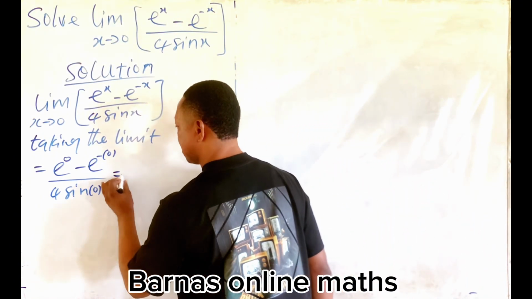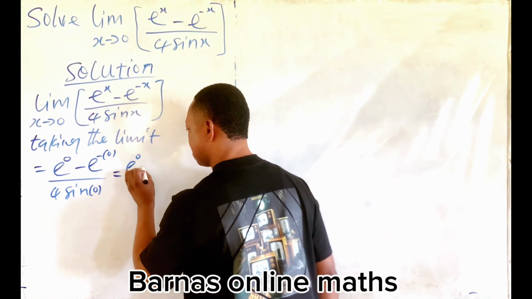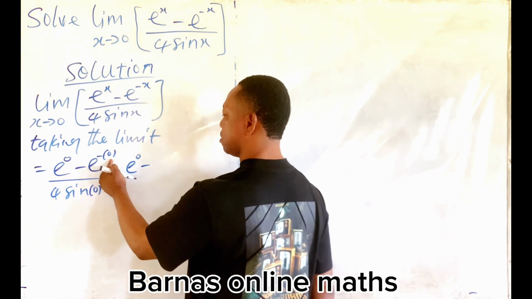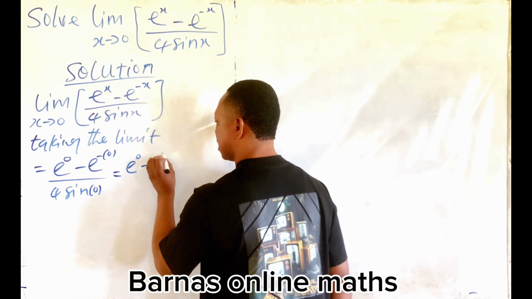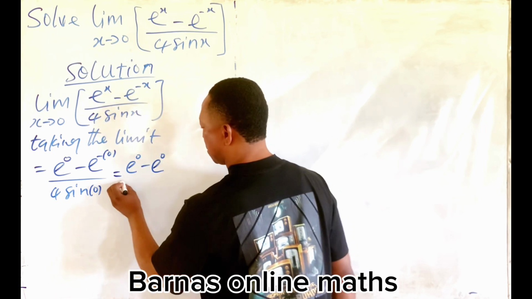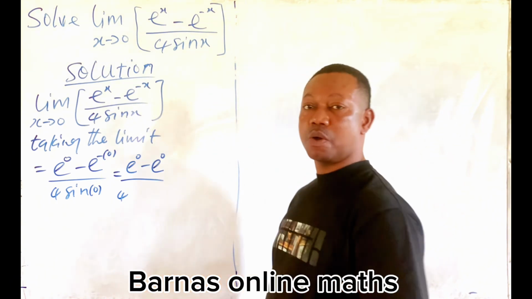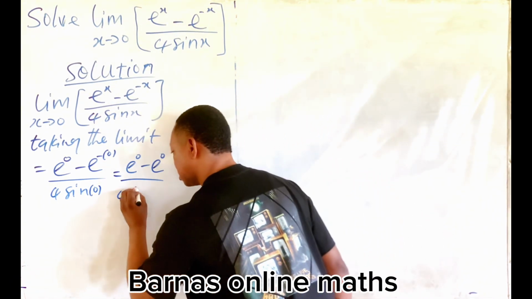Therefore, this is the same thing as e to power 0 minus e to power minus times 0, which is 0, all upon 4 sine 0, which will automatically give us 0.